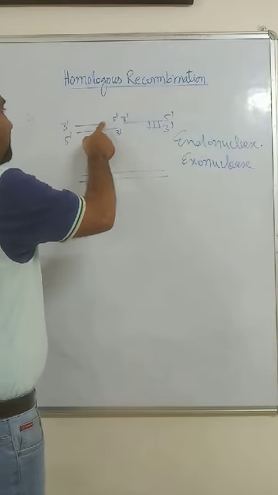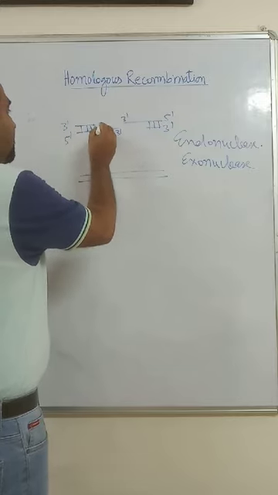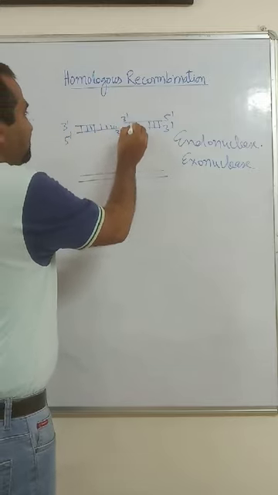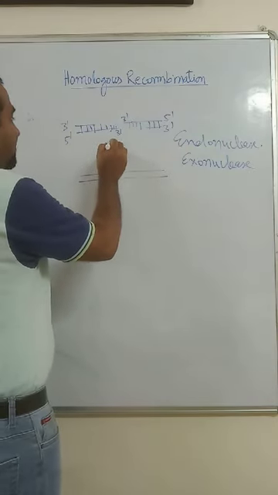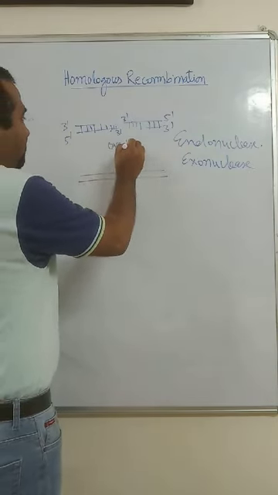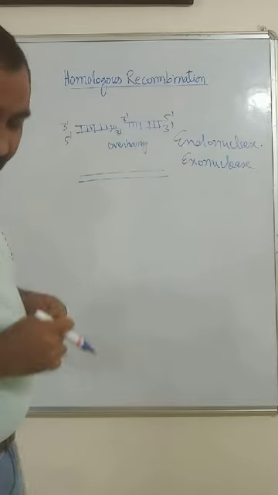Similarly, at this one, and now here we have a 3 prime end. This is a 3 prime end, this is a 3 prime end, and this is known as a 3 prime overhang, that is a free 3 prime end.